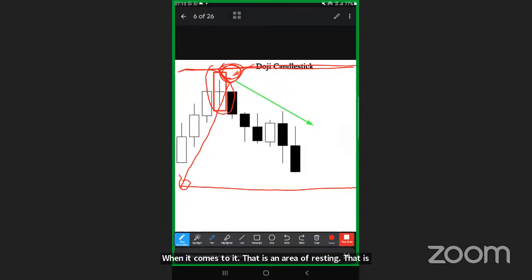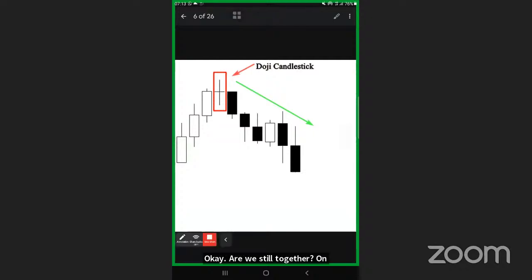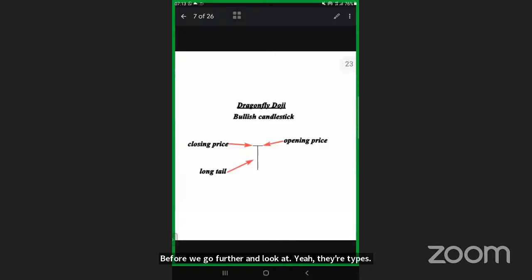Okay, are we still together on the doji candlestick pattern? Before we go further and look at their types, are we still friends?